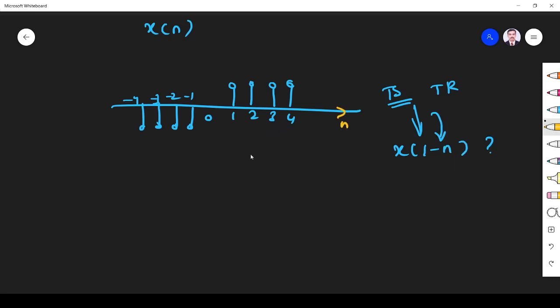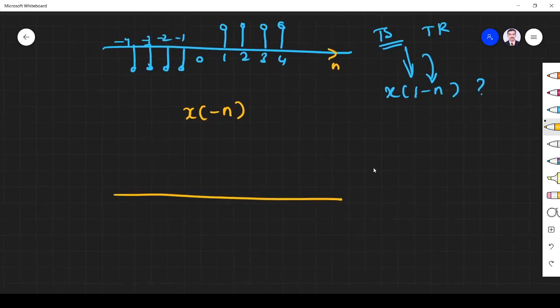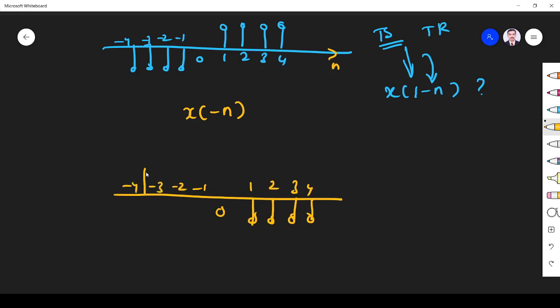First we draw x of minus n. x of minus n means this will come to this side, this will come to that side. So 0 stays, then 1, 2, 3, 4, and minus 1, minus 2, minus 3, minus 4 will be on this side. This is x of minus n.